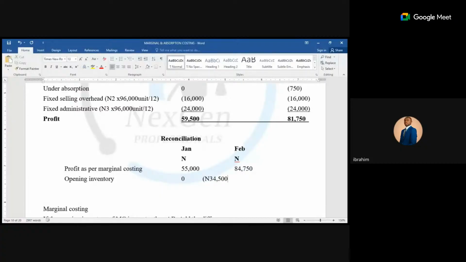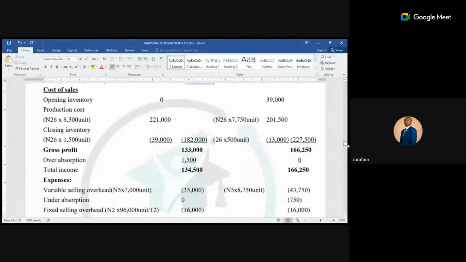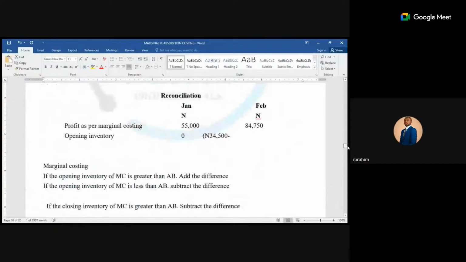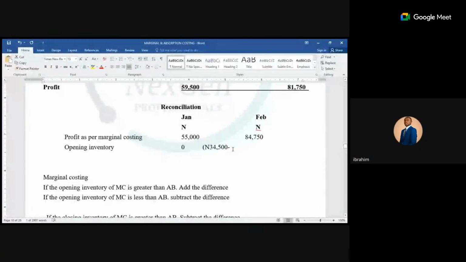For the absorption costing, what is the closing inventory, class? 39,000. Can you see it? 39,000.